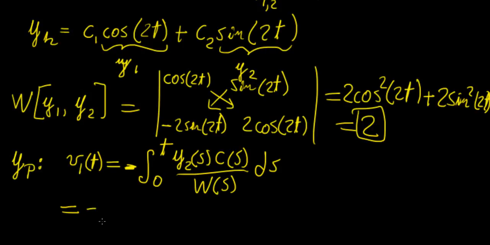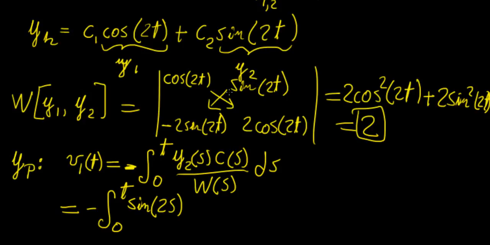We're going to get minus the integral from 0 to t, and I'm not going to make the same mistake I did in the last video where I put y1 here, when I should have put y2. So y2 we know is sine 2t, so this is what goes in here, sine 2s, because remember we're replacing the t by s just for the purpose of representing the integral in a more comprehensible way.